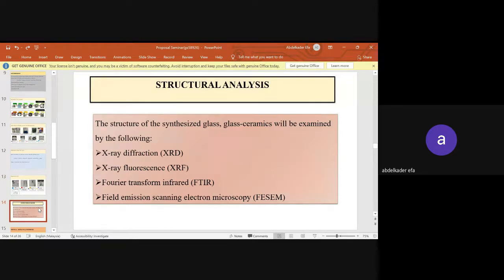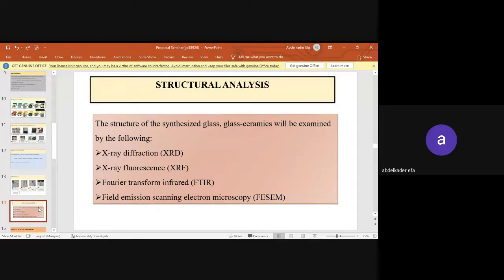For analysis, XRF will be used to determine the chemical analysis of material and composition of elements. XRD to identify a specific material, whether crystal or amorphous. FESEM to determine the surface morphology and the microstructure of the sample.